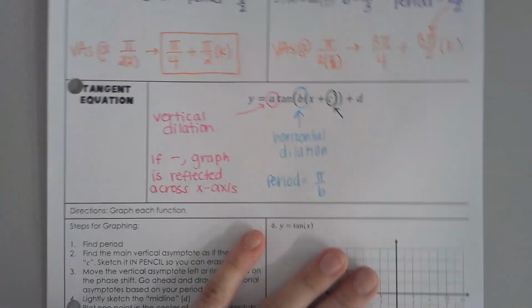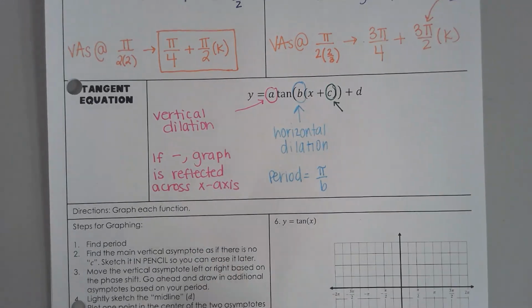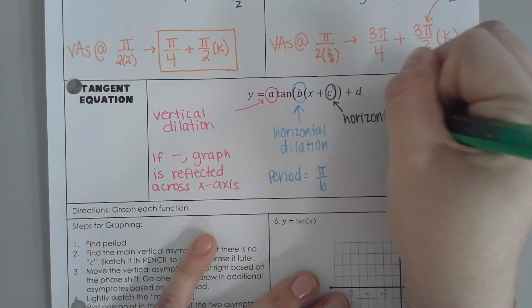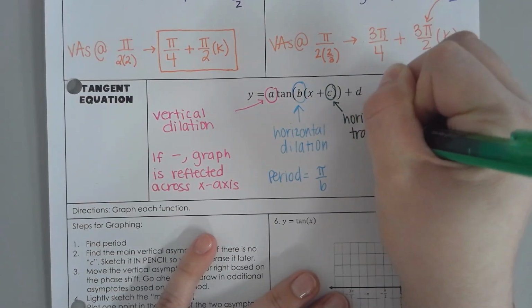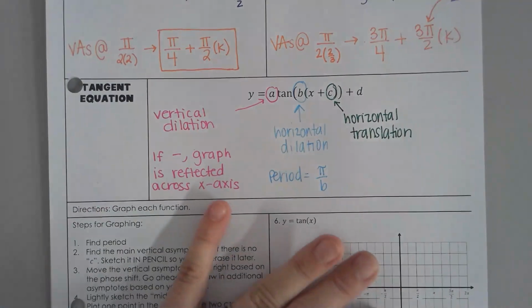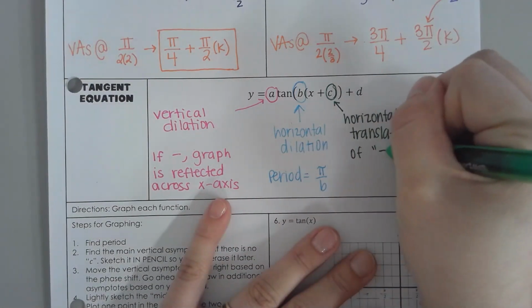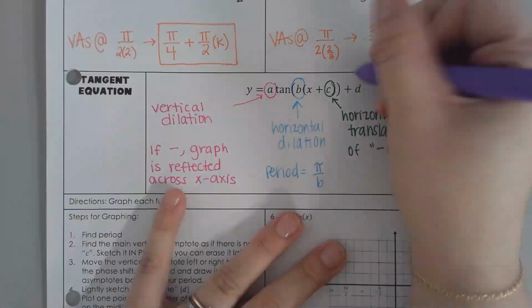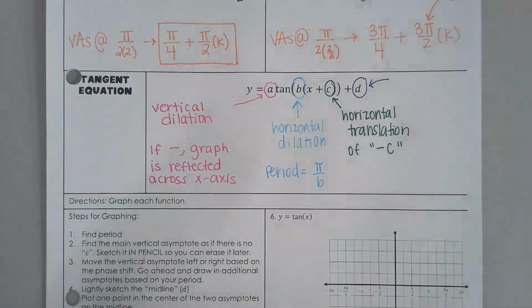C is like the phase shift, just like it was before. It's a horizontal translation. It did make it way more complicated. It's the opposite of negative c. So if it says plus 5, it's really moving left 5. And then D, again, it's not really called a midline.